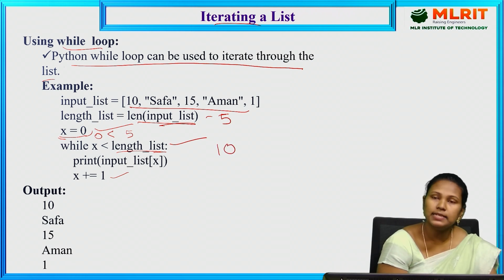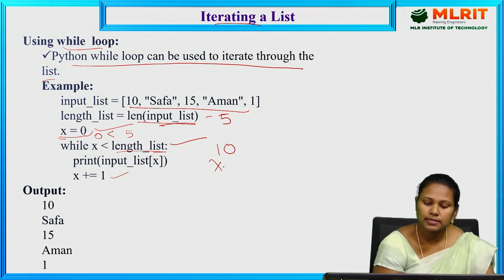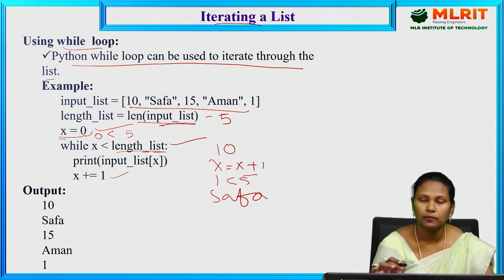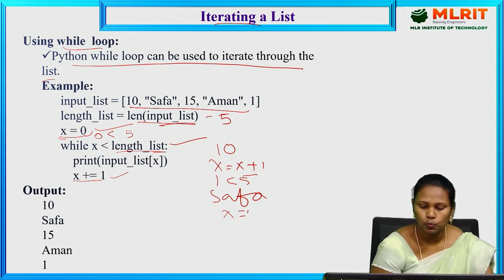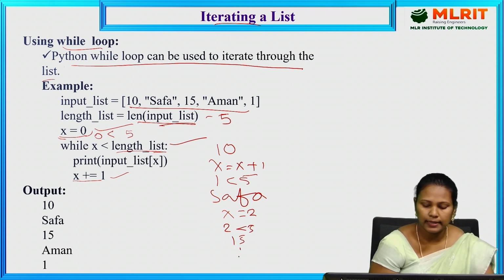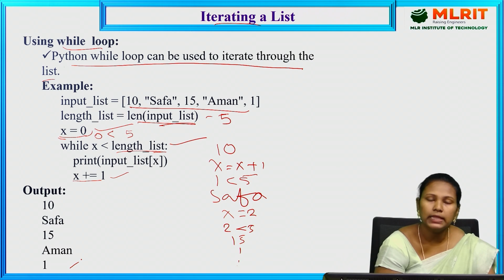Now x is updated as x equal to x plus 1. Now x equals 1. 1 is less than 5, condition true, it prints Safa. Now again x is incremented to 2. 2 is less than 5, it prints 15. Like that, it prints all the elements with the help of while.